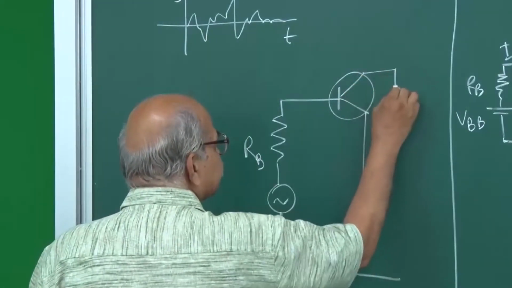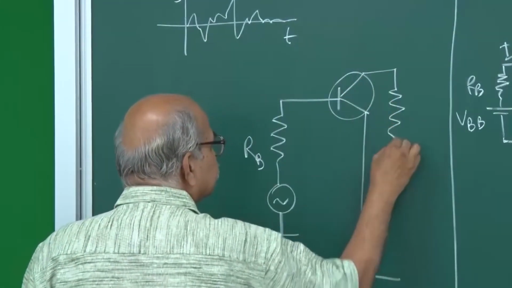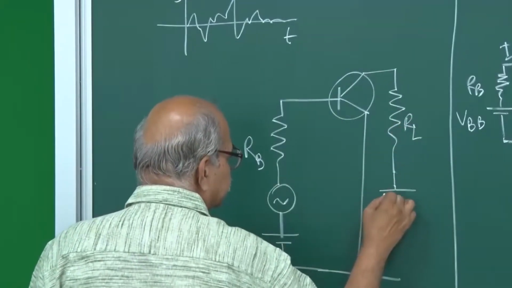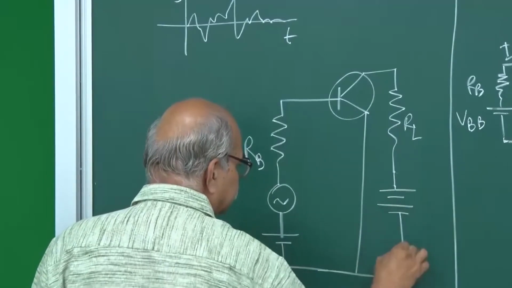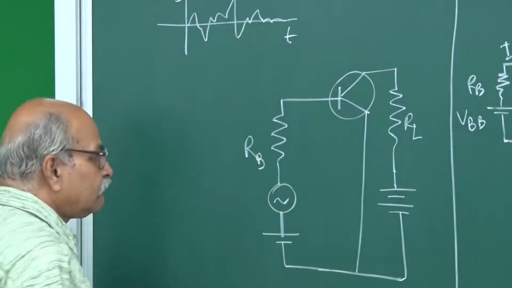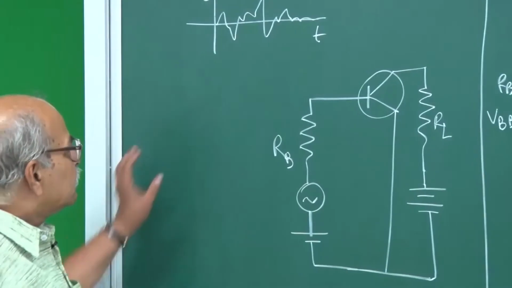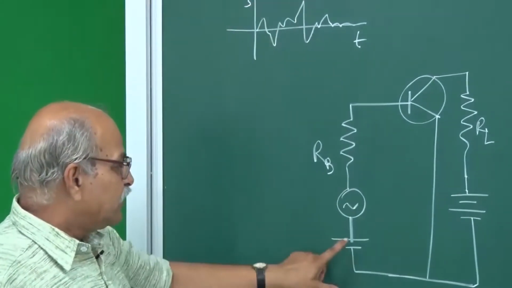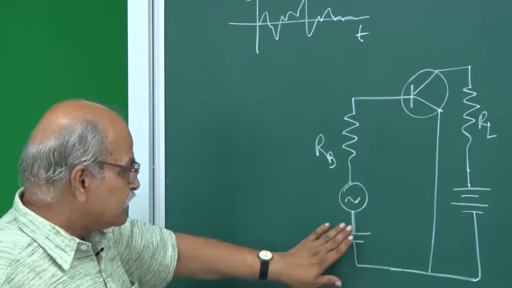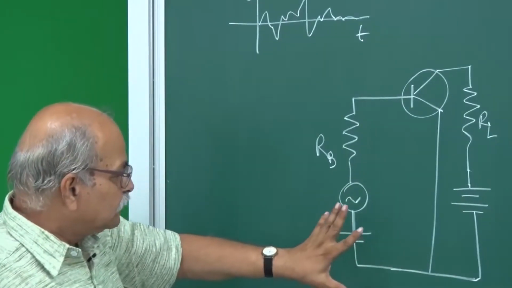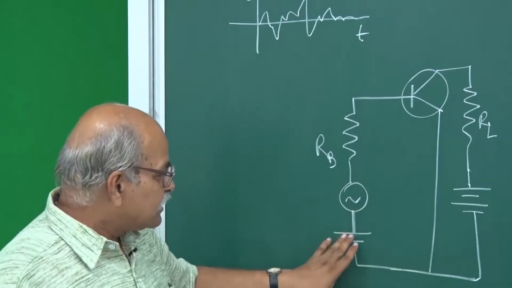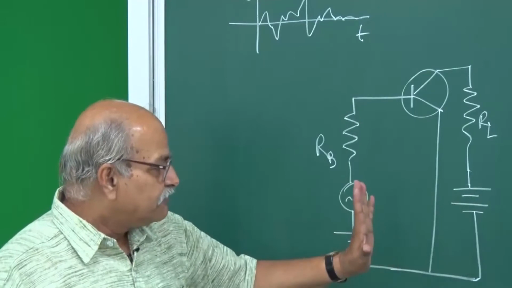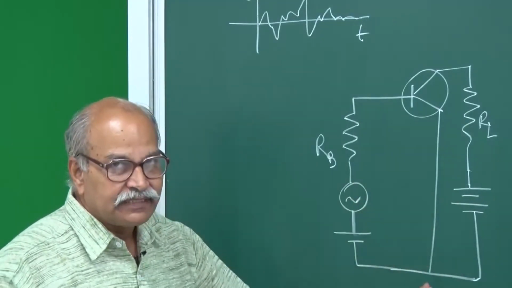And this side is the same. This signal is supposed to be small. This biasing voltage is chosen here and here in such a way that you are well in the active region.